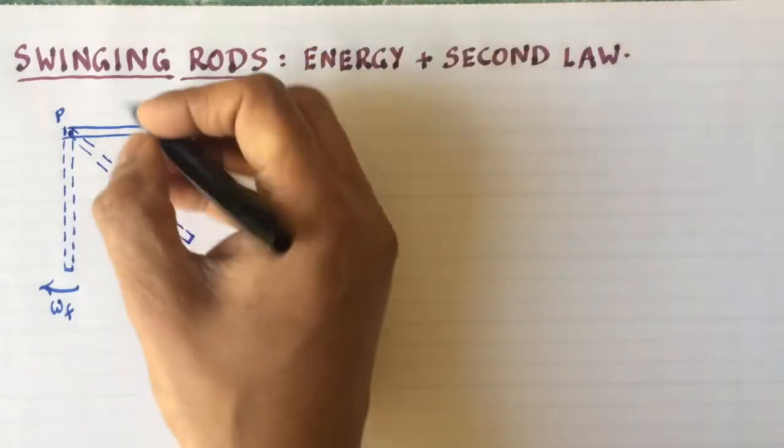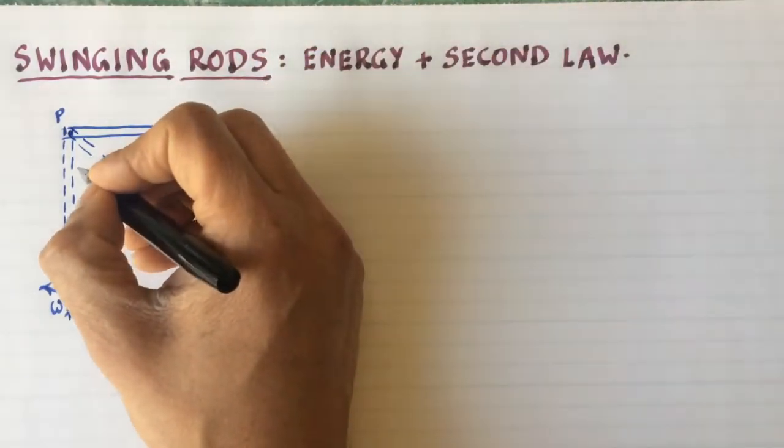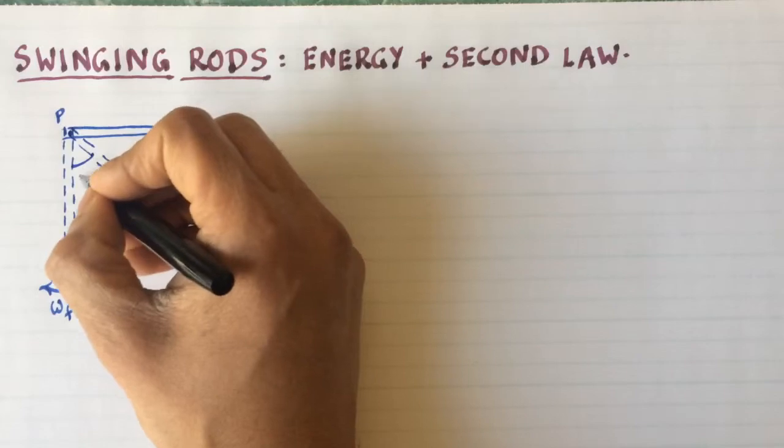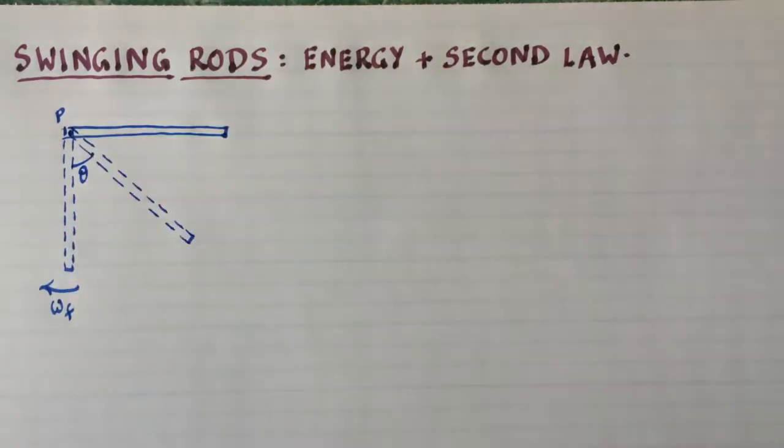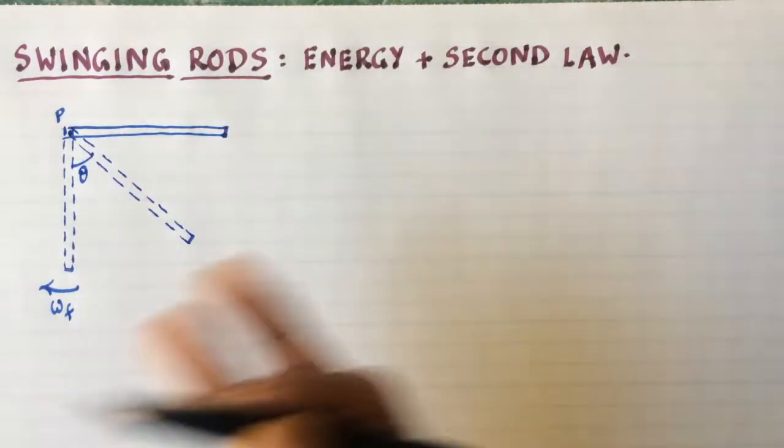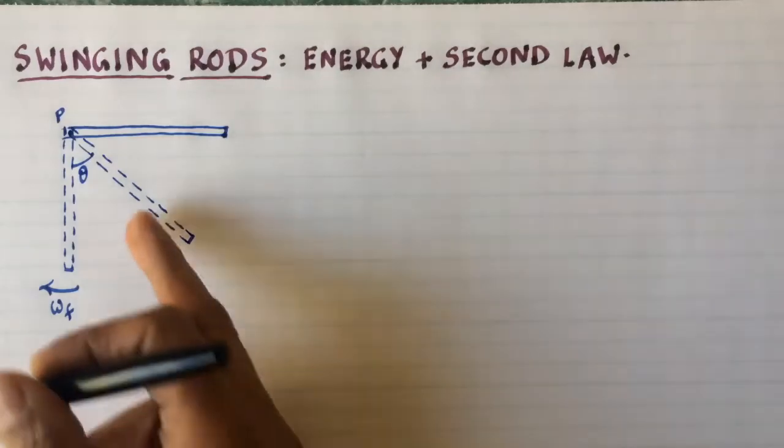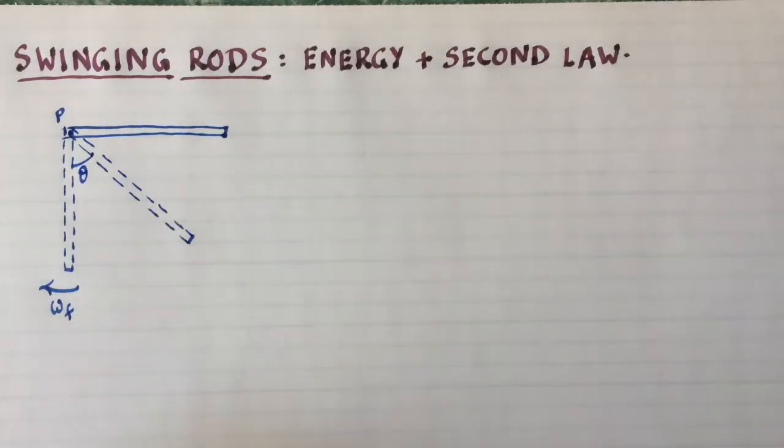Theta is the angle. And let's take this angle to be this angle here. At any intermediate position, I also want to find what the angular acceleration would be. So there are a couple of ways of doing this problem.